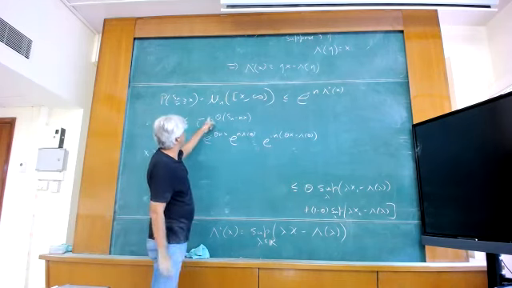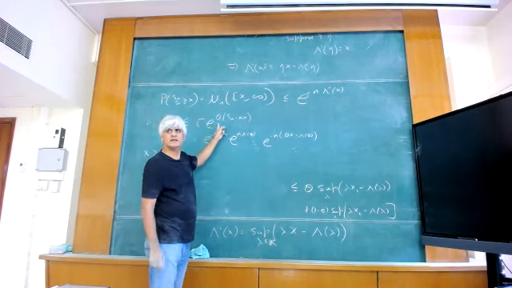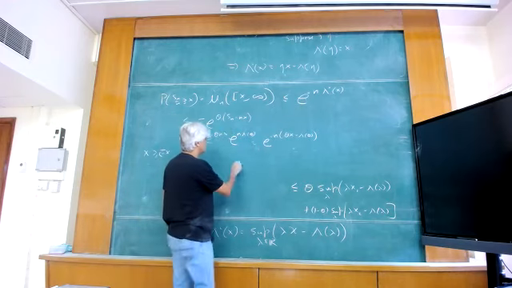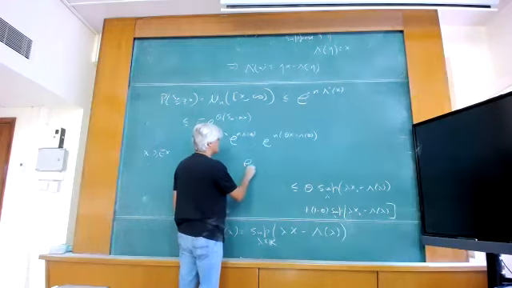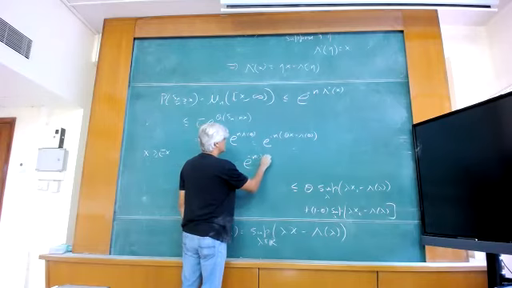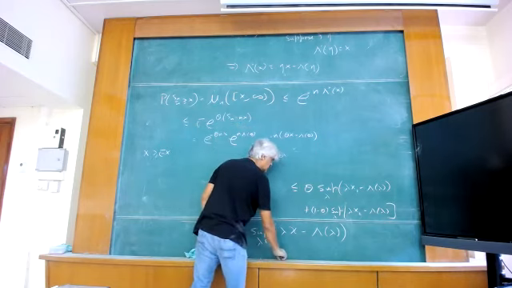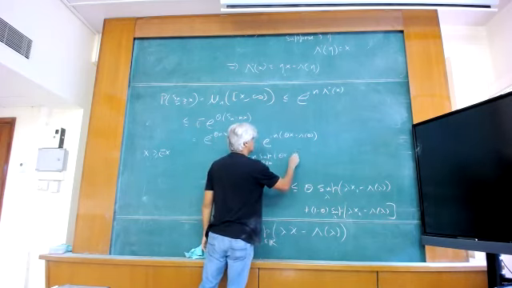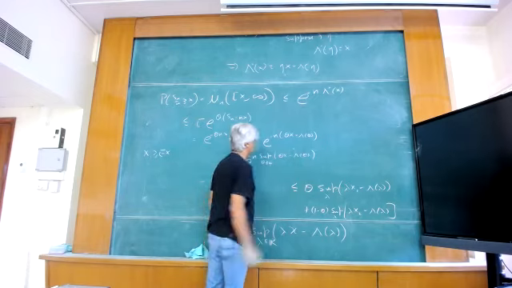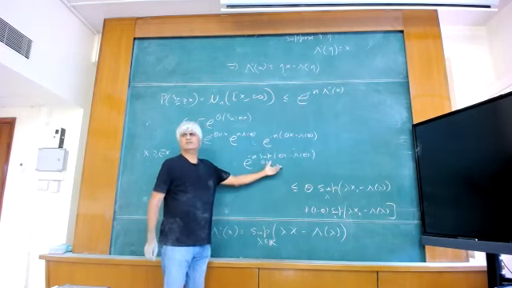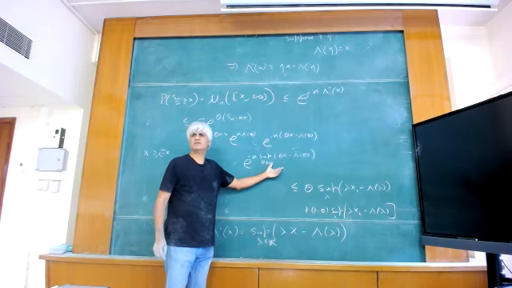Whatever I did was true for non-negative θ, so it's true for every one of those θ, and I can take the supremum over θ of (θ x minus Λ(θ)). And we know that this is the rate function, that's Λ*(x).